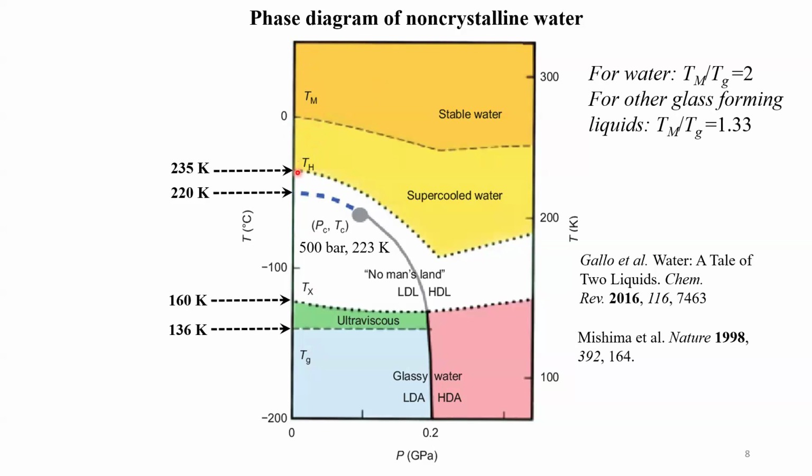But you cannot reduce the temperature as much as you want. There will be a temperature, 235 Kelvin at atmospheric pressure, where liquid water will instantaneously freeze. That is why it is called the homogeneous nucleation temperature, TH. Above it, water will also freeze if you have a surface or some other impurities.